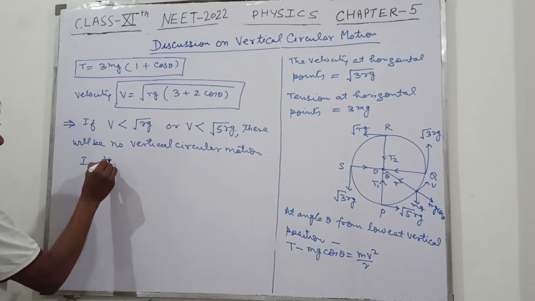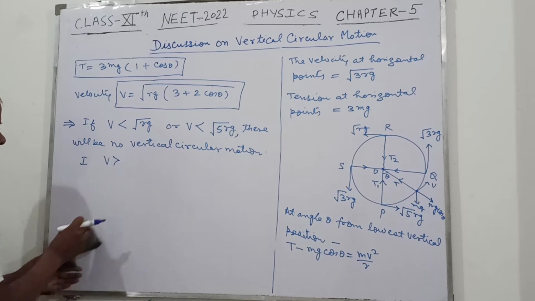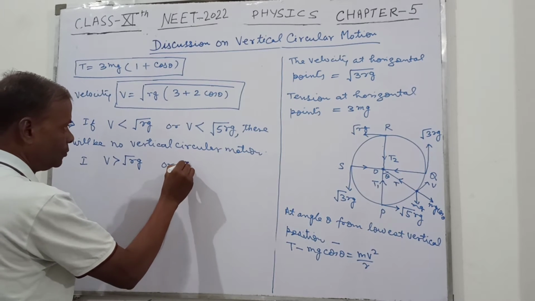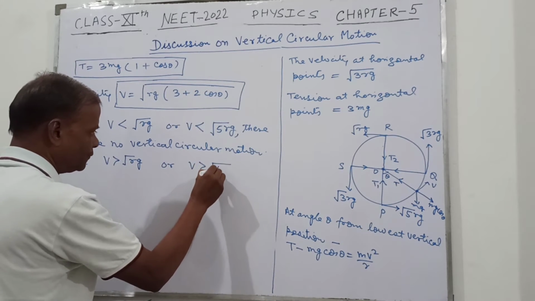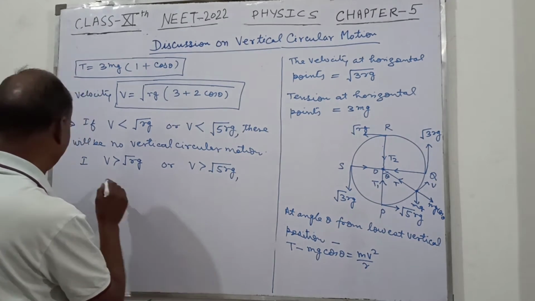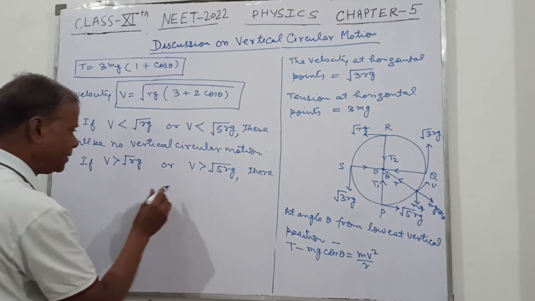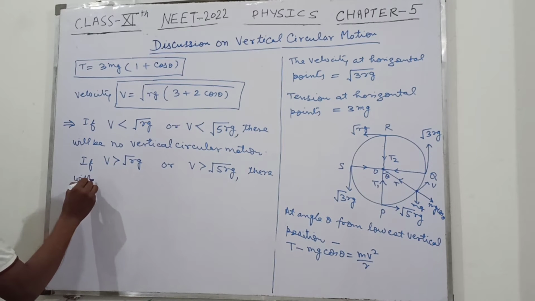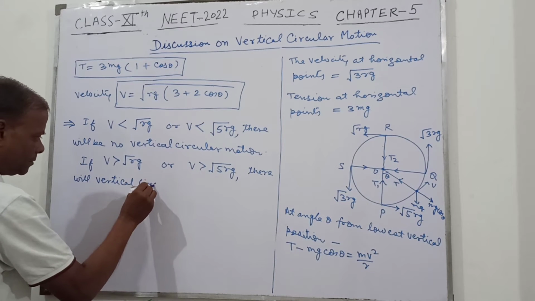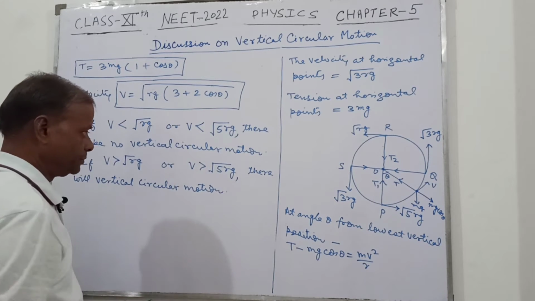If v is greater than square root of rg or v greater than square root of 5rg, there will be vertical circular motion.